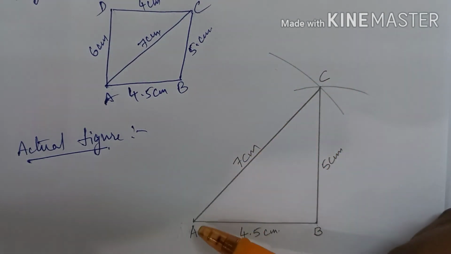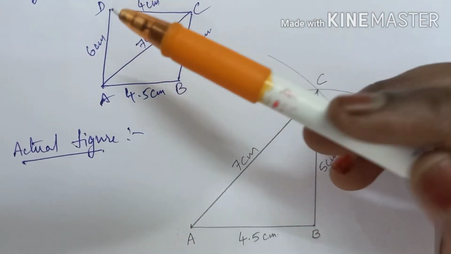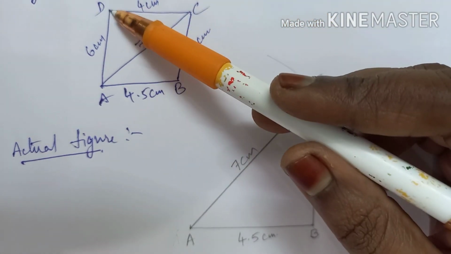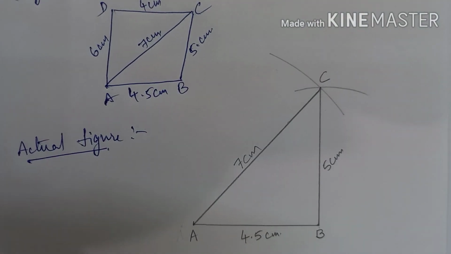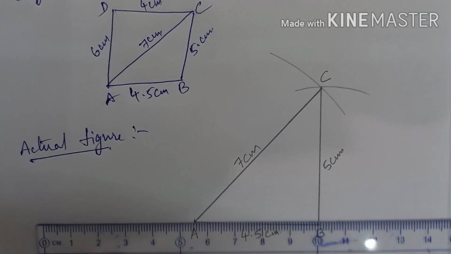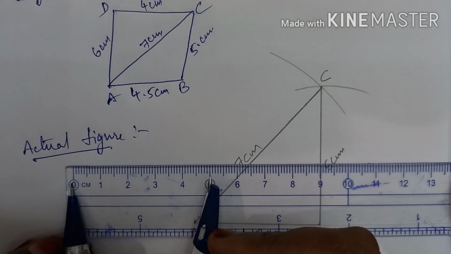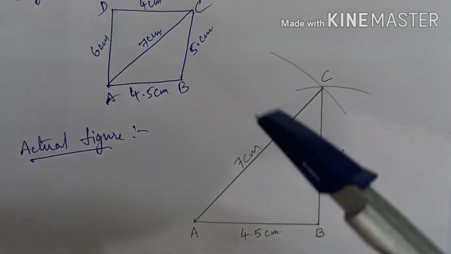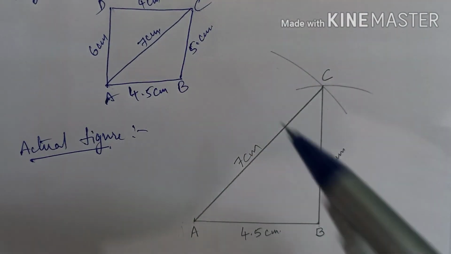Afterwards, ABC are found. Another vertex D we have to form. So from A it is 6 centimeters away, and from C it is 4 centimeters away. So taking again 6 centimeters on the compass, from A, draw an arc with 6 centimeters.